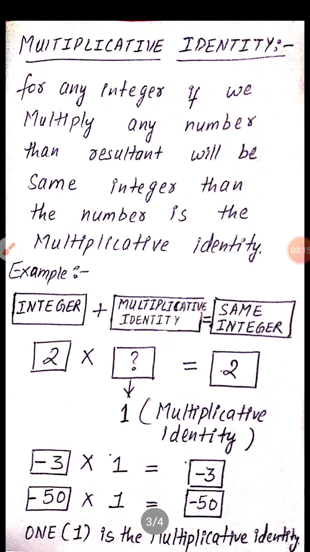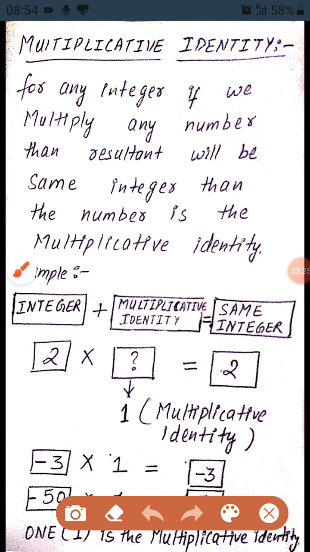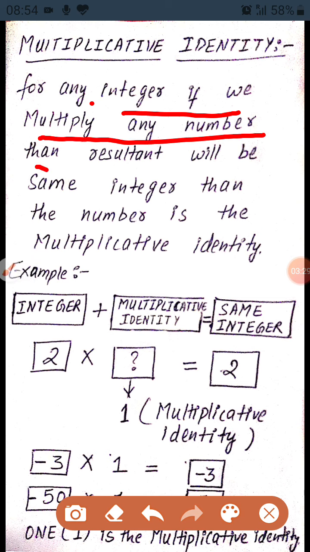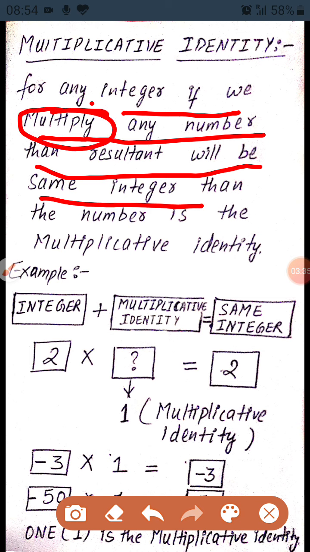Now the next term is multiplicative identity. It is the same as additive identity, only the operation is changing, and it is multiplication. For any integer, if we multiply by a number and the result is the same integer, that number is the multiplicative identity. The only difference is the operation, multiplication. Now see the example.